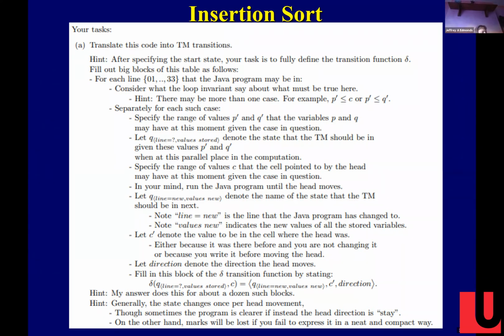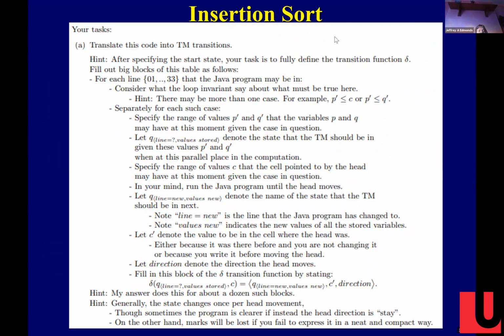So you start running the Java program until now we're going to run it until one of three things happens. Maybe the head moves and then you have to transition the state. Or maybe you get to the top of the loop and then you say, hey, this is a nice place to be. Let's rest here, right? Or maybe, here's another funny thing that could happen, is I could get to a case, right?